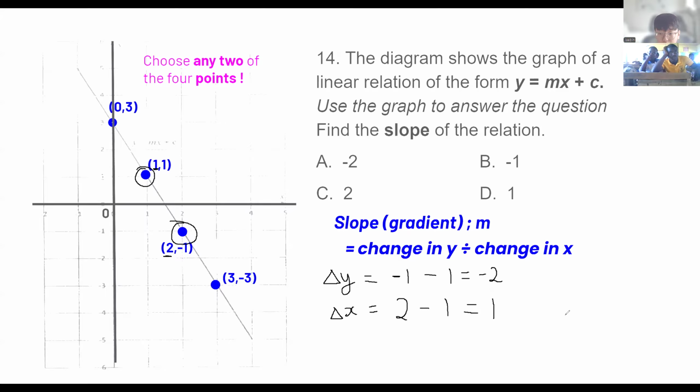And what is the slope? Slope m is equal to delta y, the change of y, over the change of x. And we got that to be negative 2 over 1, which is negative 2, right? We got the same slope, negative 2.